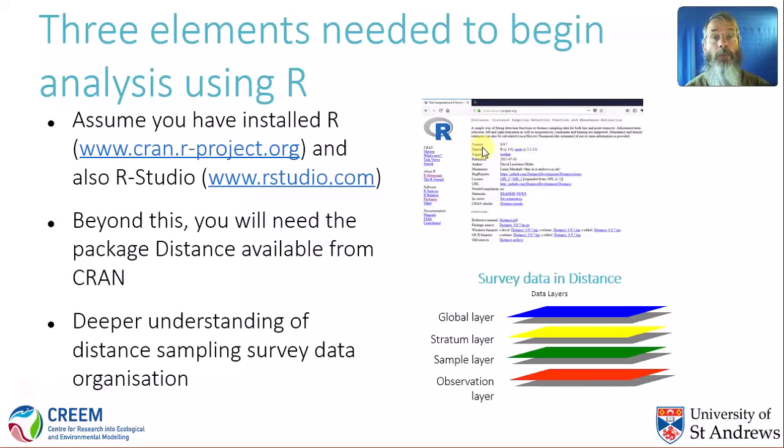There are attributes associated with each of those samples or transects. And finally, belonging to each transect are one or more, or zero or more, detections of objects. And there are characteristics associated with those objects that are recorded at that level of the database.